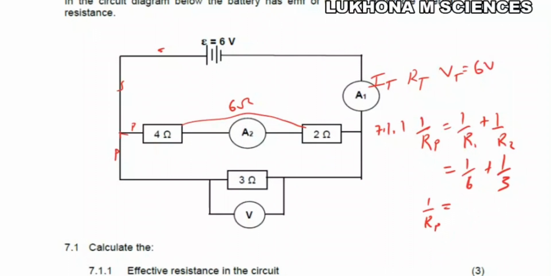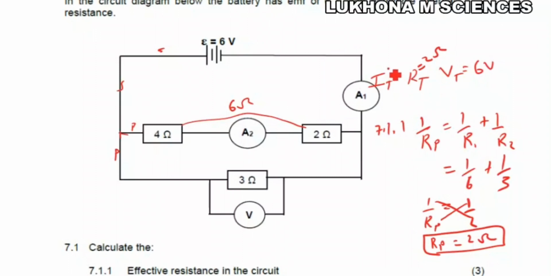The answer is 1 over 2. Then cross multiply: 1 times RP is RP, 1 times 2 is 2 ohms. Which means the total resistance of this circuit is 2 ohms.